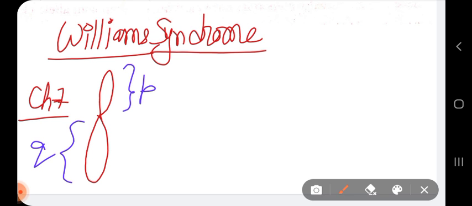Within the long arm of chromosome number 7, there is a region called Q11.23.